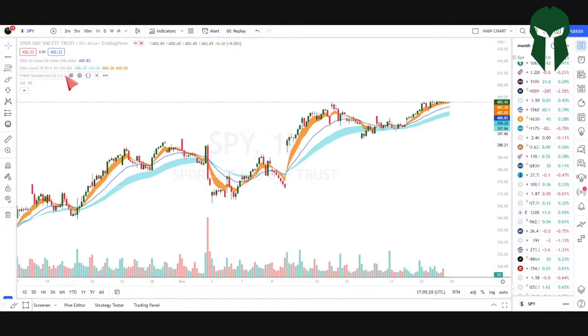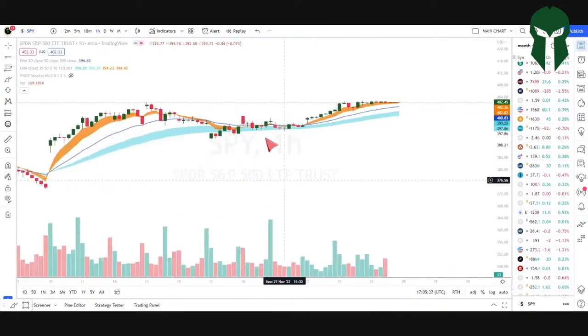And we have VWAP turned off because we're just going to look for entries. So if you have an hourly chart and you're above your blue cloud, which is your long cloud, and you're above your middle cloud, you can see that right there.